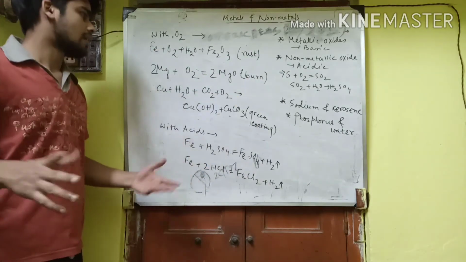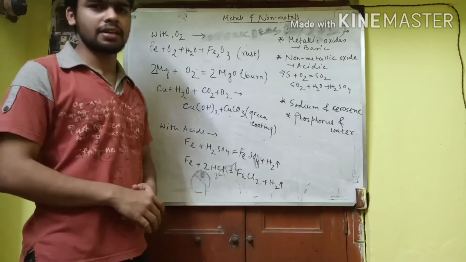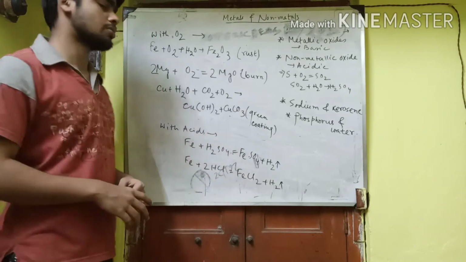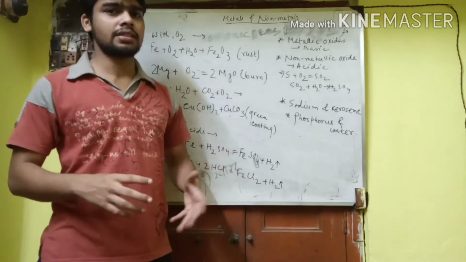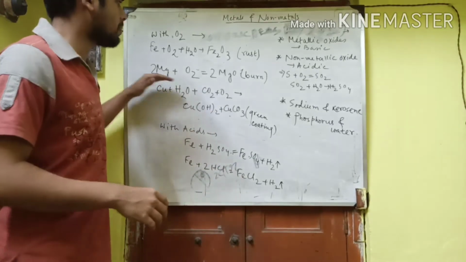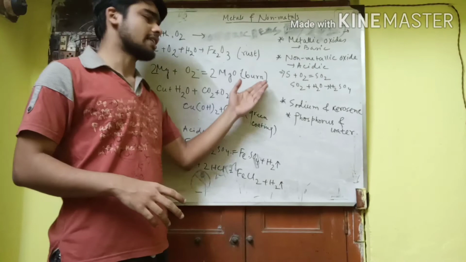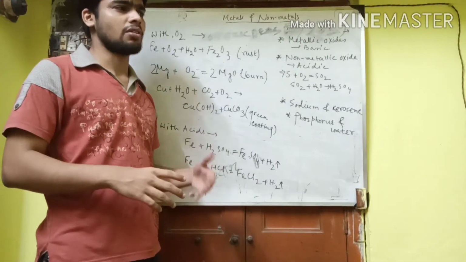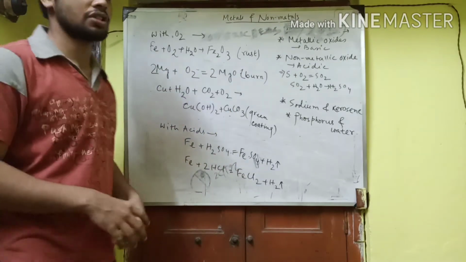Coming to the next part, that is magnesium. Magnesium is also a metal. Magnesium reacts with oxygen, and the reaction is exothermic in nature. When magnesium and oxygen react, it reacts with burning and forms magnesium oxide.